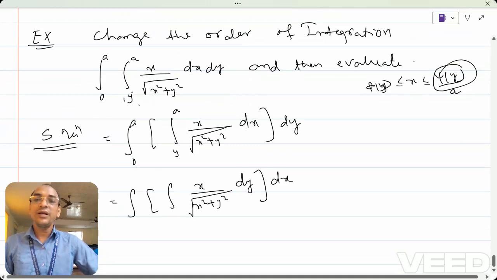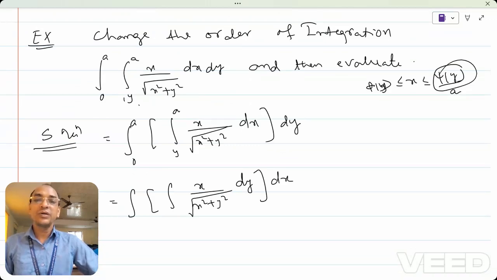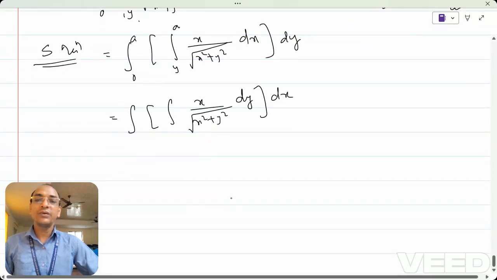So here you see the limits of x are functions of y, and the limits of y are constant. Initially, y goes from 0 to a, and the limits of x are functions of y, x equal to y and x equal to a.